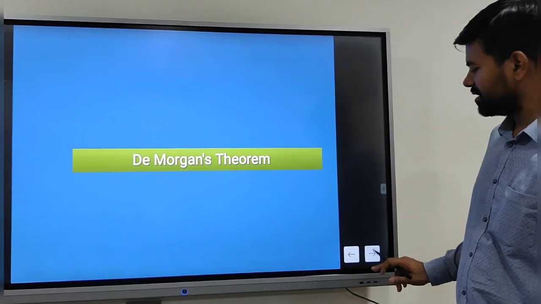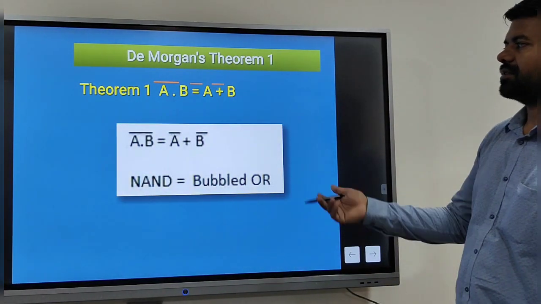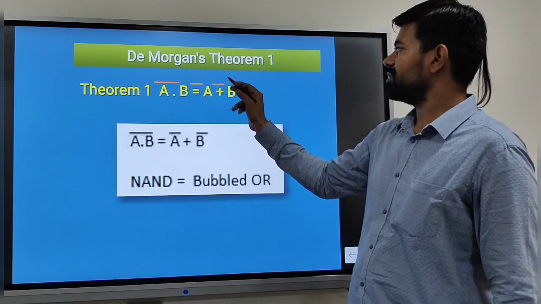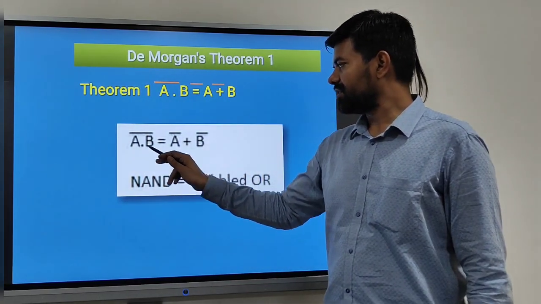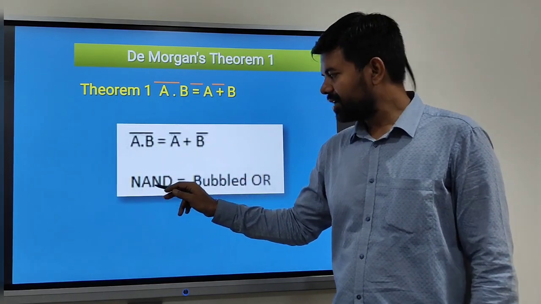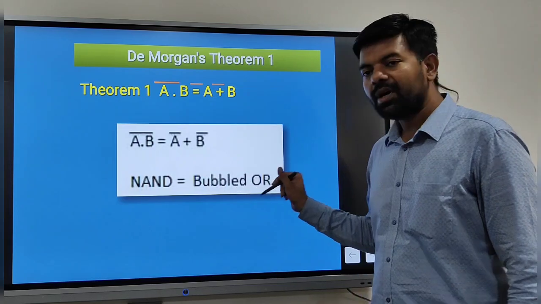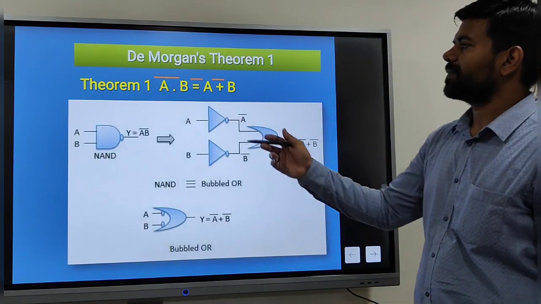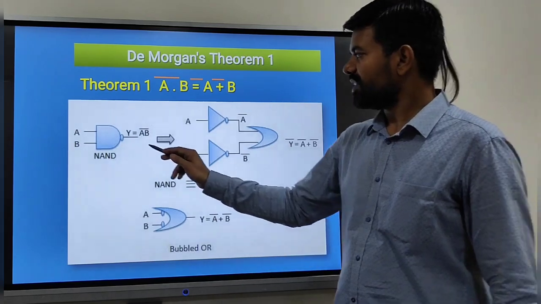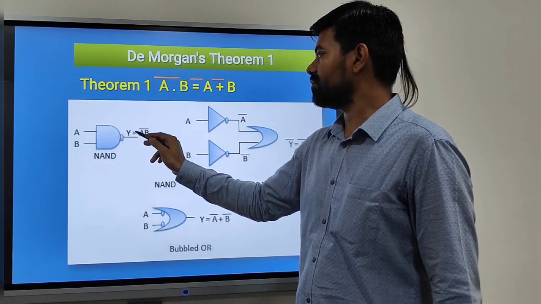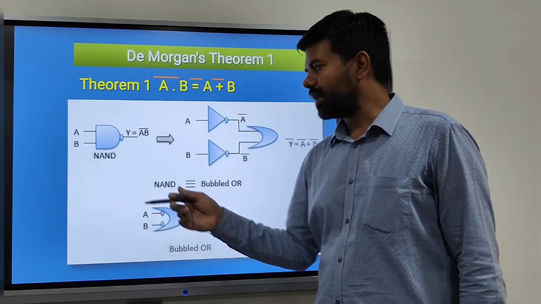We can realize this De Morgan's theorem as follows. Theorem 1: (A dot B) whole bar equals A bar plus B bar, which is NAND equals bubbled OR. We will realize it in the next slide. How? This is the NAND operator: A dot B whole bar.